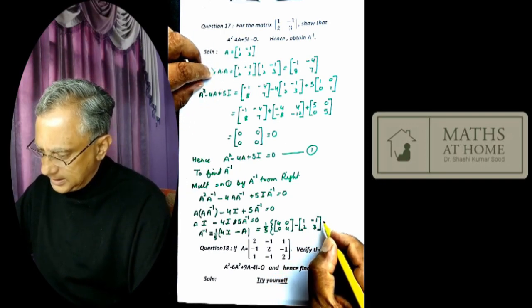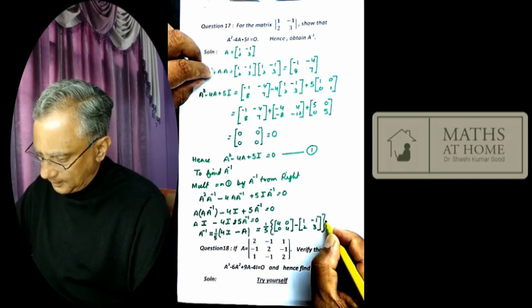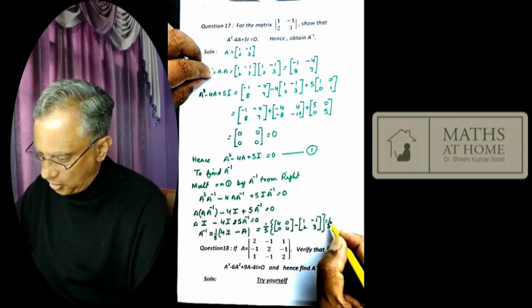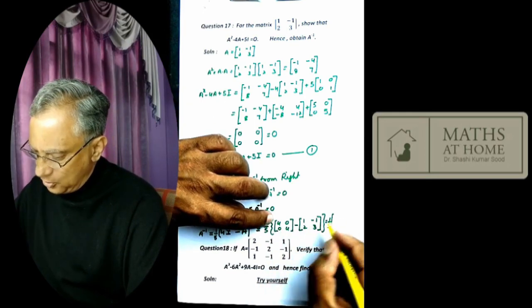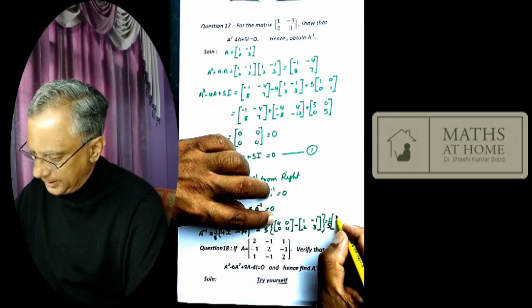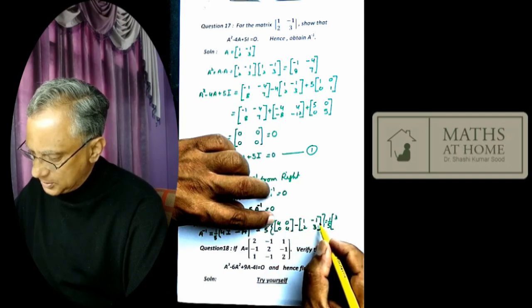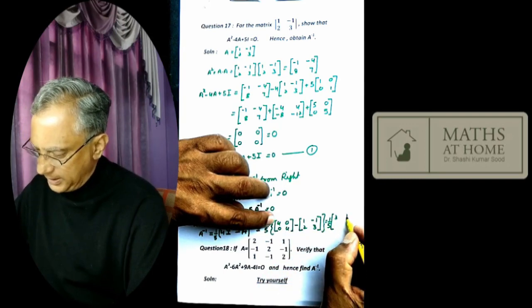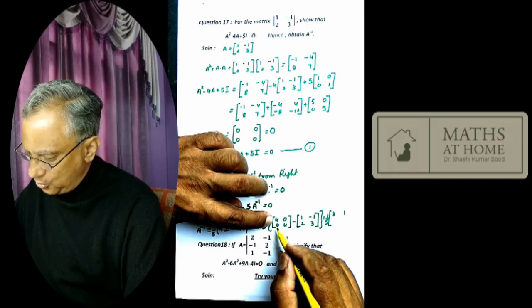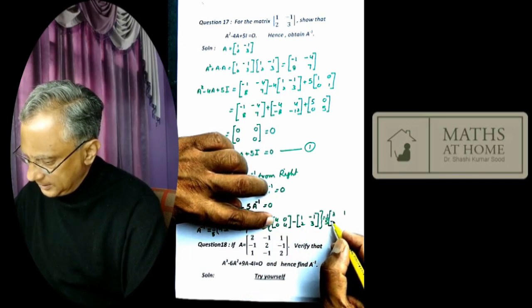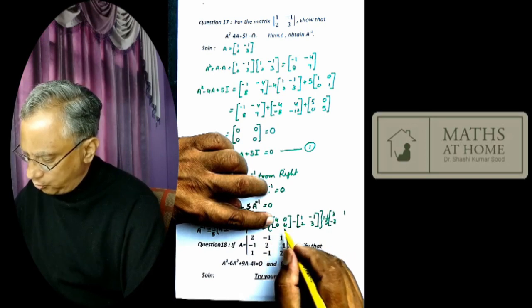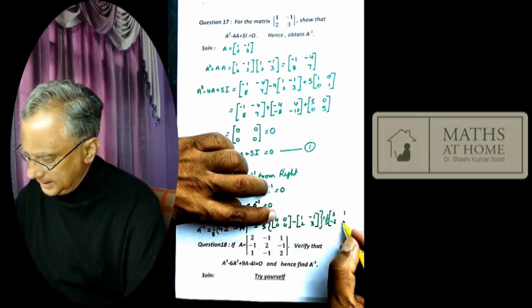So this is equal to 1 by 5 of 4 minus 1. 4 minus 1 is 3. 0 minus 1 is plus 1. And this is equal to 0 minus 2 is minus 2. And 4 minus 3 is 1.